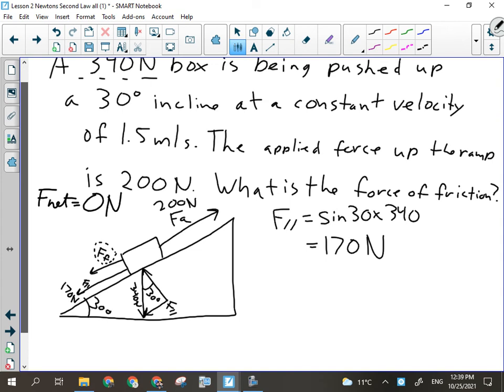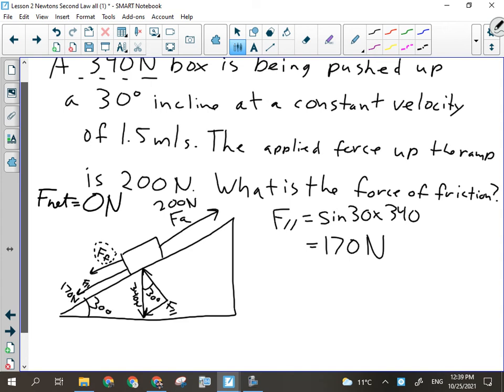What was the toughest calculation in that question? Calculating F parallel. That's probably the trickiest calculation. Other than that, it was all intuitive. I didn't even write down this was 0, so that was easy. Anything times 0 is 0. And then I did the vector sum of all forces, 200 minus 170.